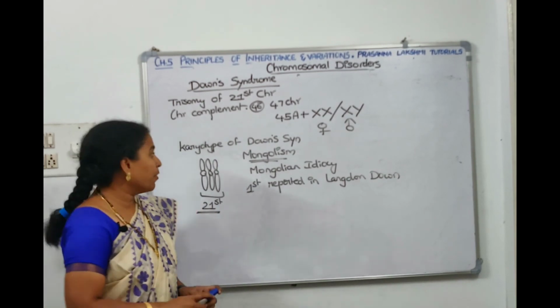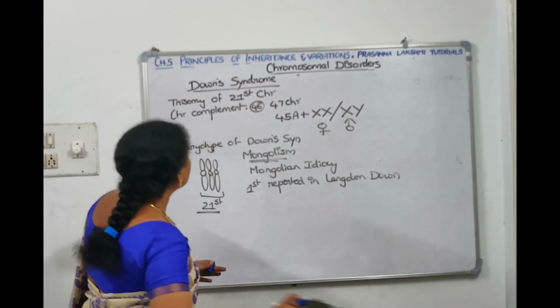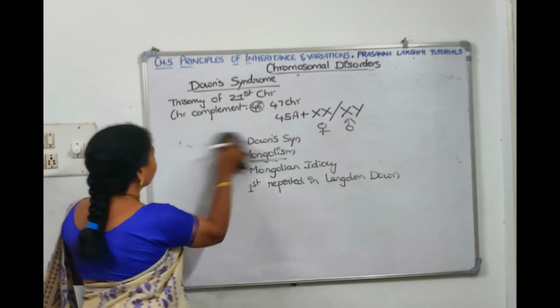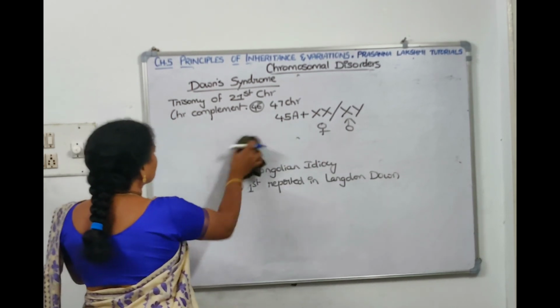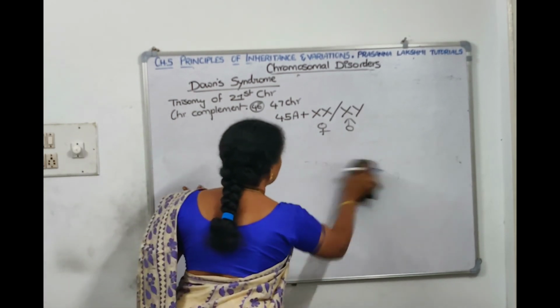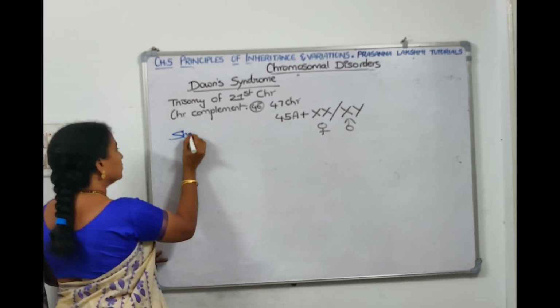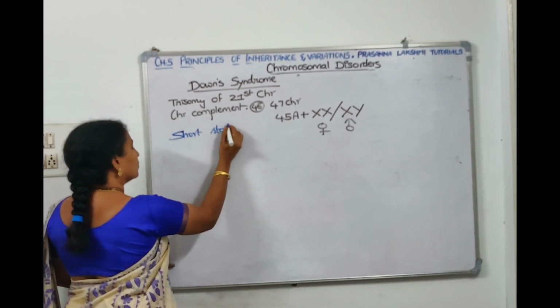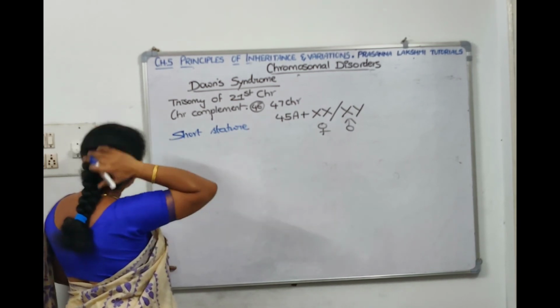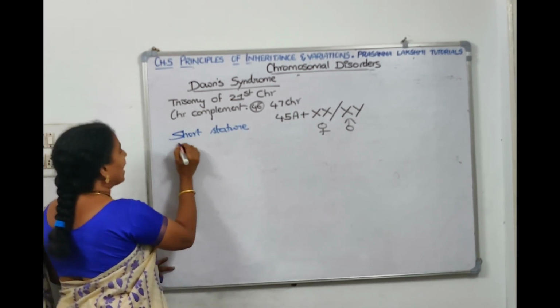What are the symptoms? Symptoms are very important. Let us discuss the symptoms of Down syndrome. Diagram of a Down syndrome child also they have given in NCERT textbook. The first, they are short in stature. The back side of the head will be flat.